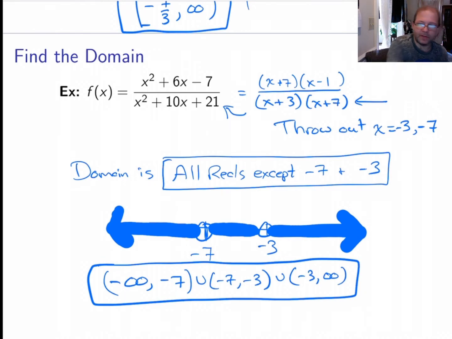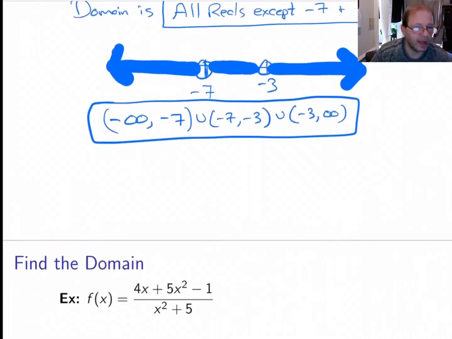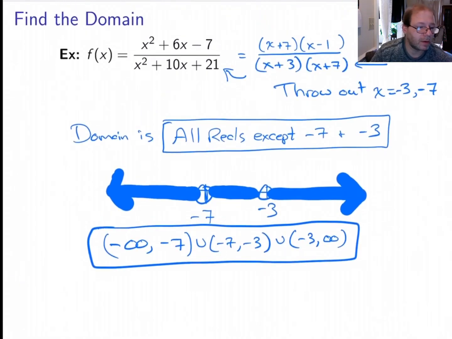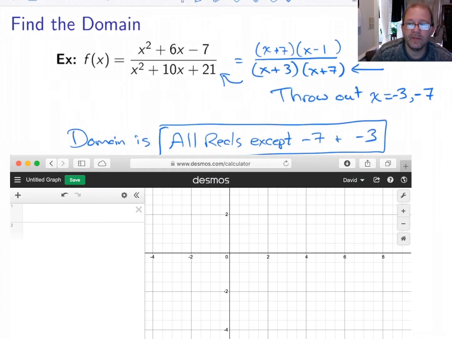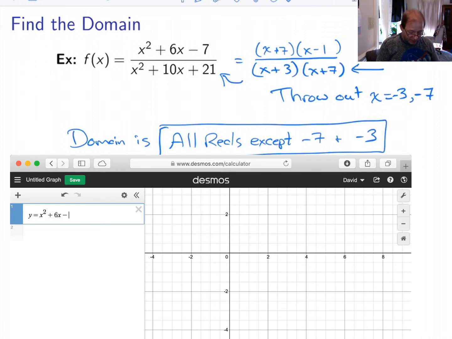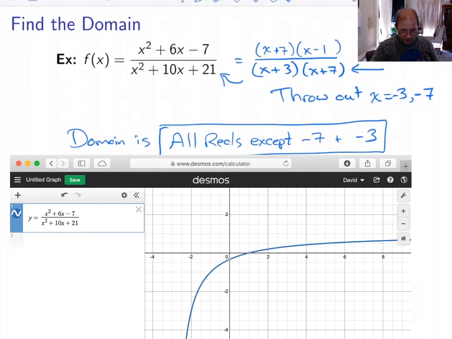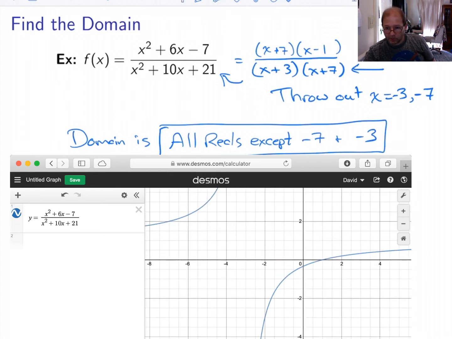If we were to graph this, let's look at it on Desmos. If I graph this function, y equals x squared plus 6x minus 7, all over x squared plus 10x plus 21, you'll notice two things going on.